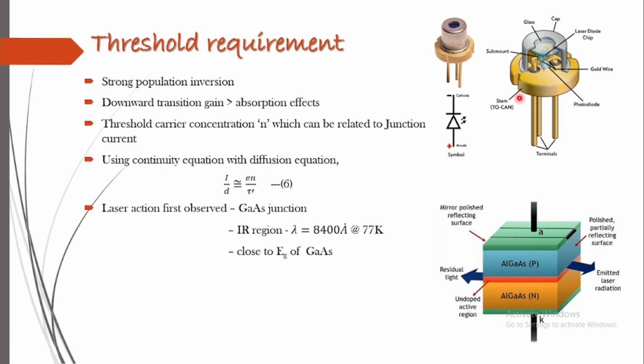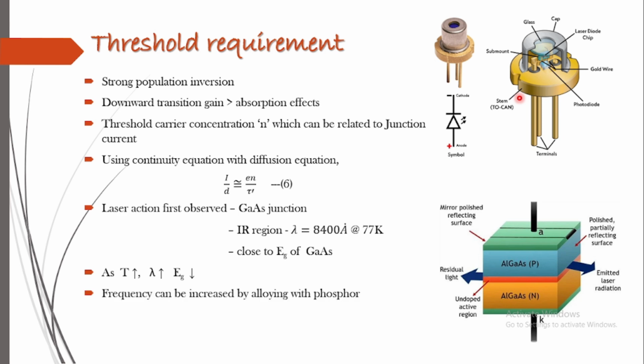So that was the observation which supported the condition, that is h cross omega should be greater than or equal to energy gap Eg. So as the temperature increases, the wavelength of the laser also increases, which is in agreement with the decrease of the energy gap with temperature.